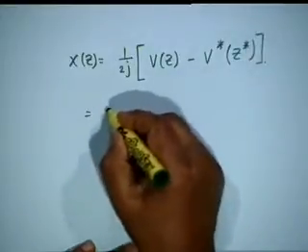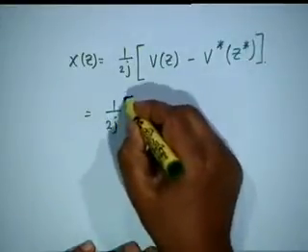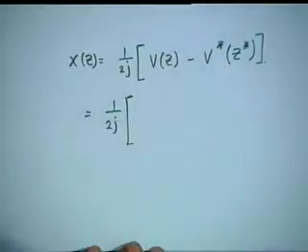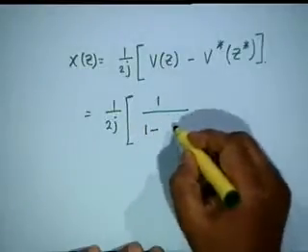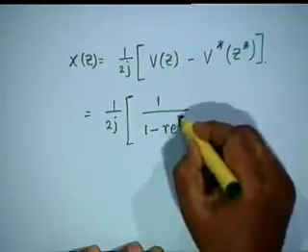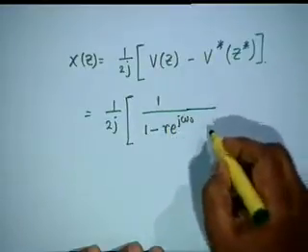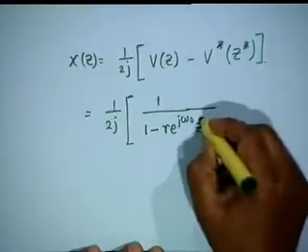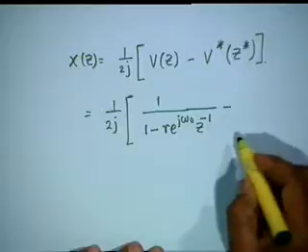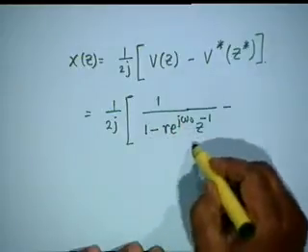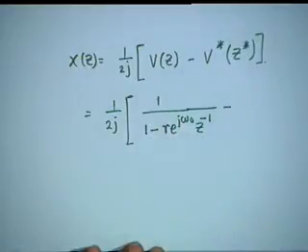Let us see what this is. 1 over 2j, V of z is the transform of r to the power n e to the j n omega 0. So, it is 1 by 1 minus r e to the j omega 0 z to the power minus 1, minus the complex conjugate of this with z also conjugated.